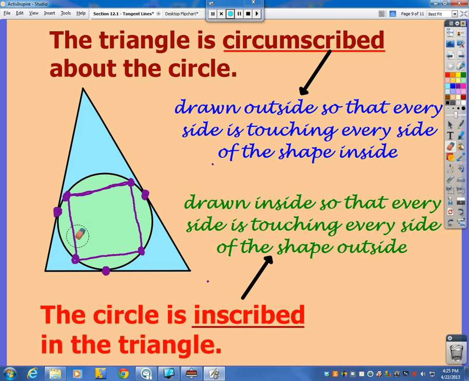That would be kind of impossible for each side of the square to be touching the circle. That really wouldn't make too much sense there. But typically we're going to be talking about either quadrilaterals or triangles inscribed in a circle, or we might be talking about a quadrilateral or a triangle drawn outside or circumscribed about a circle.